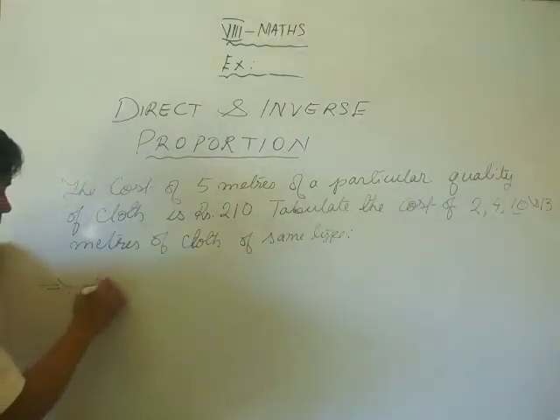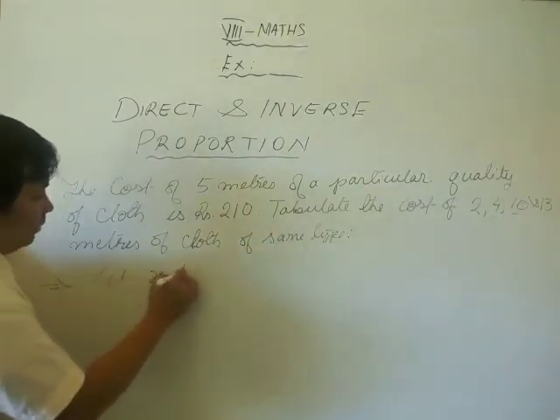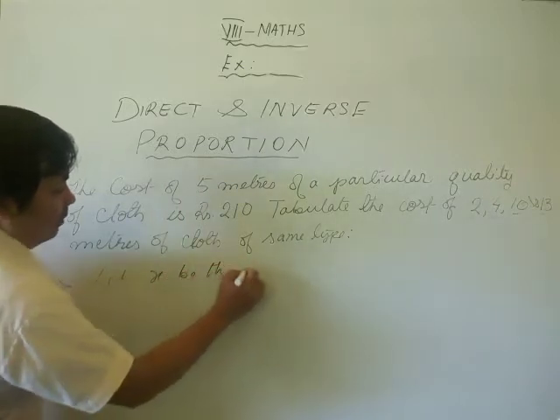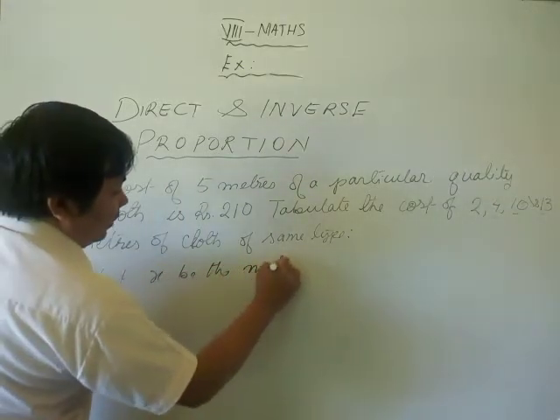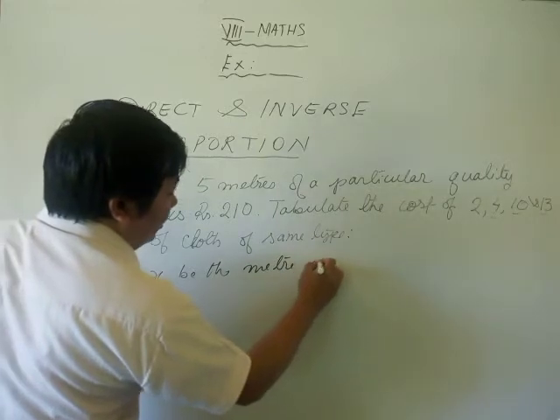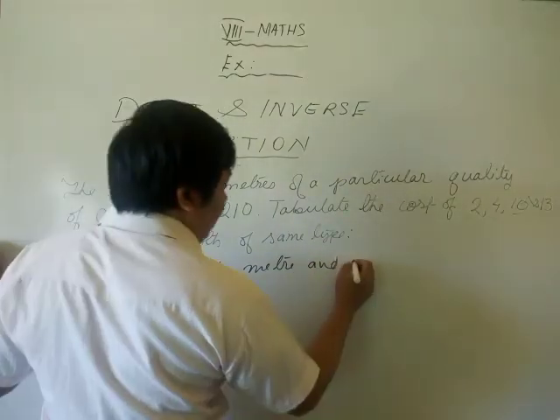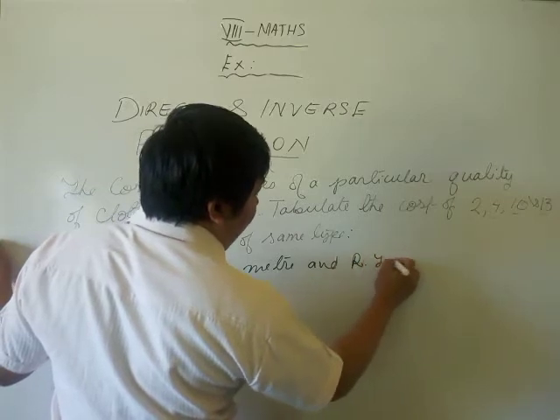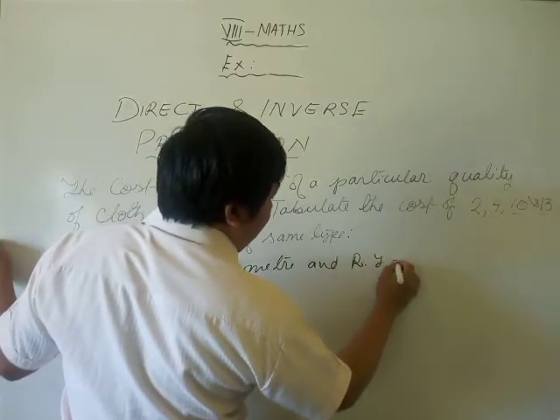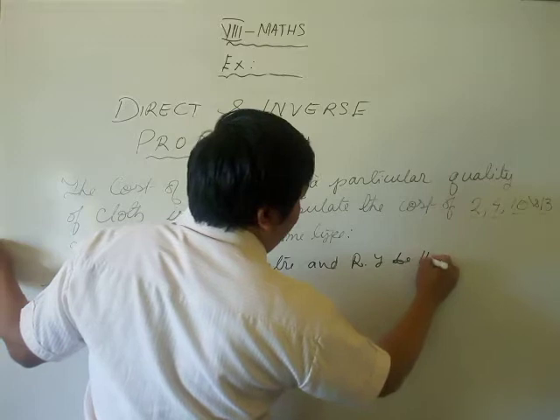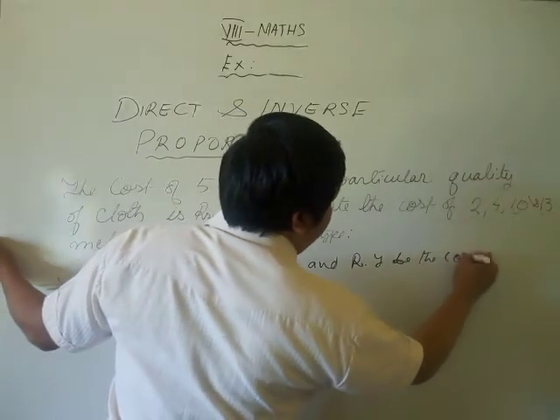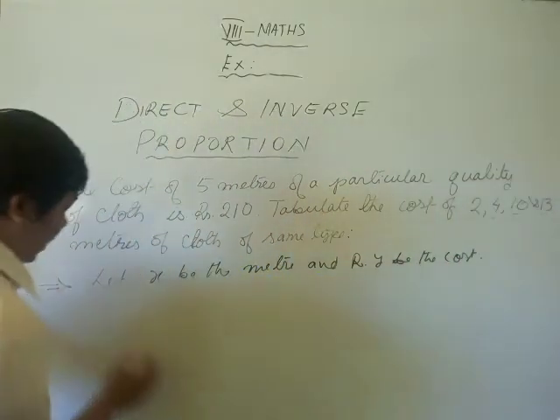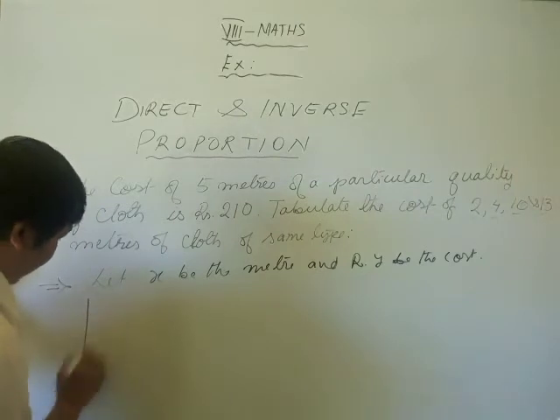So here let x be the meter and rupees y be the cost of the cloth. Then we will tabulate like this. We make the table first.